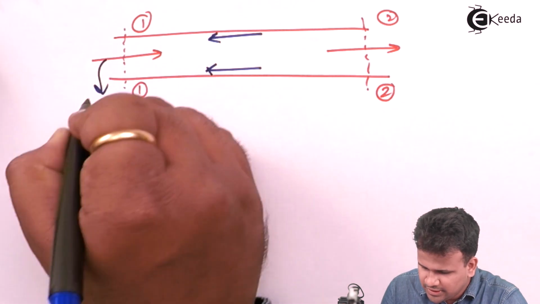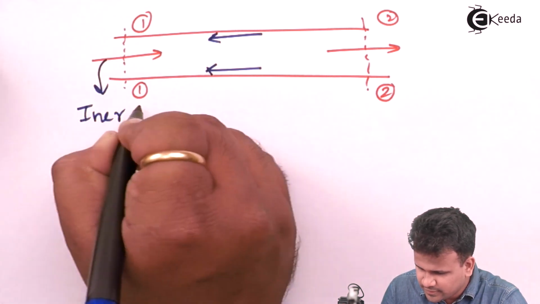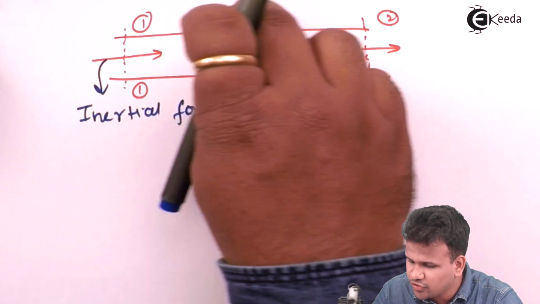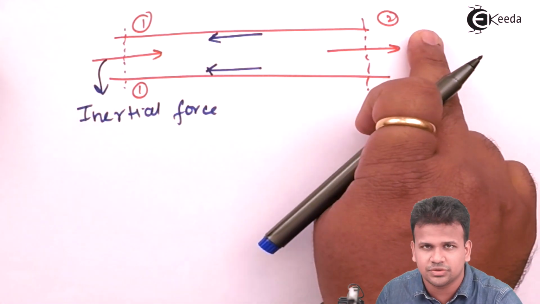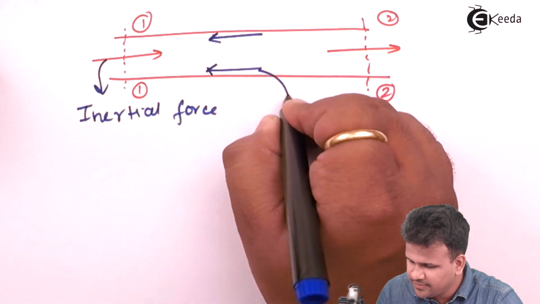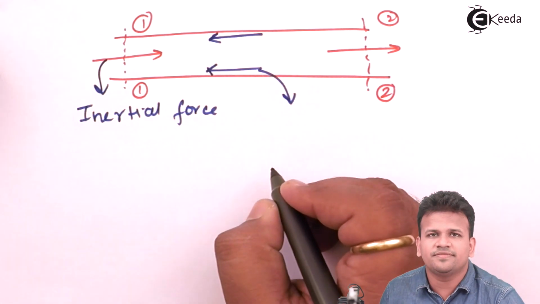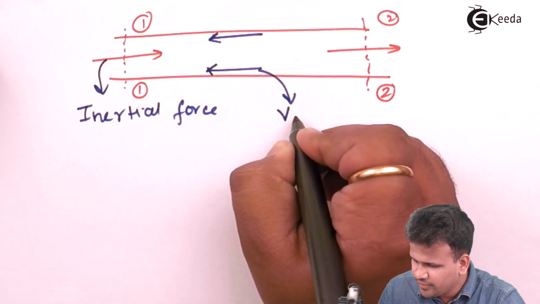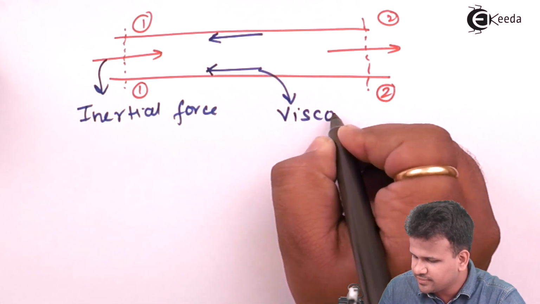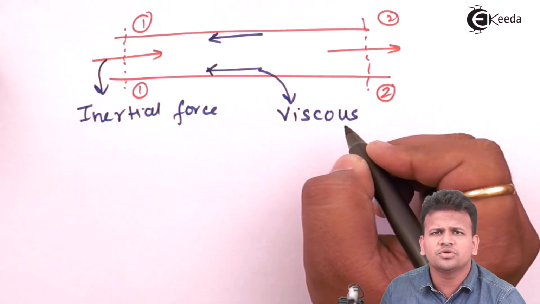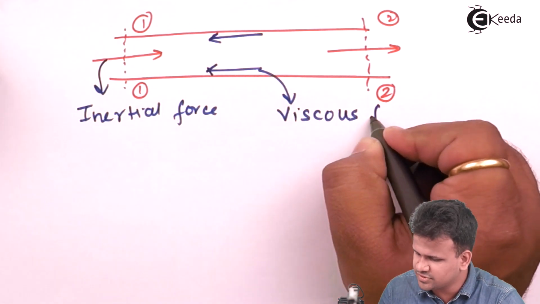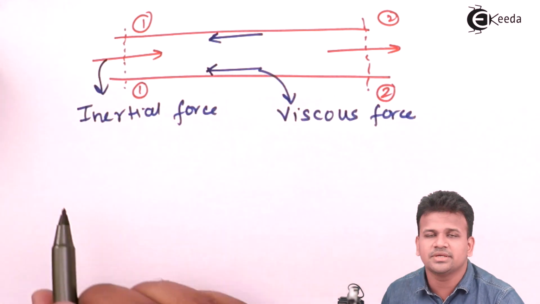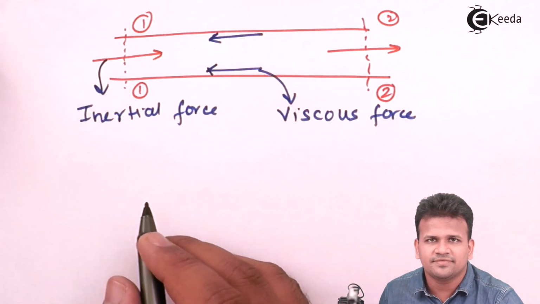So due to inertial force, the fluid wants to flow from section 1 to section 2, but there is a resistance offered by the viscosity of the fluid. Hence this force is called viscous force. So, viscous force acts opposite to the direction of the inertial force.